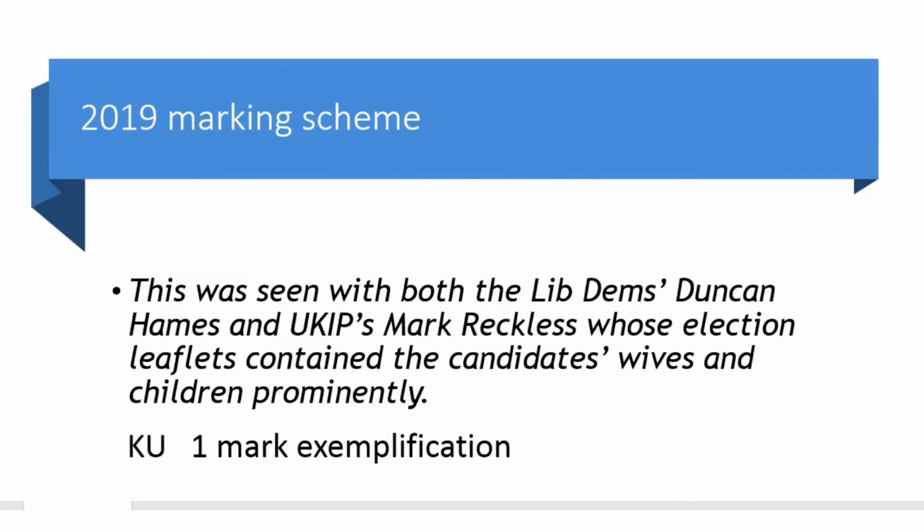And then lastly, we've got an example. This was seen with both the Liberal Democrats' Duncan Hames and UKIP's Mark Reckless, whose election leaflets contained the candidates' wives and children prominently. So altogether that would give you 3 marks.